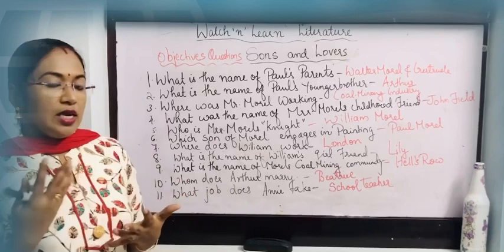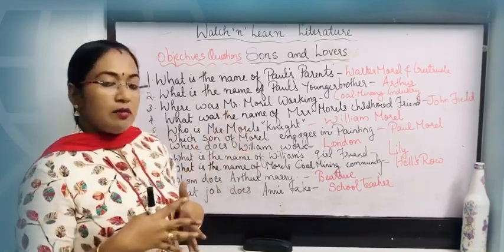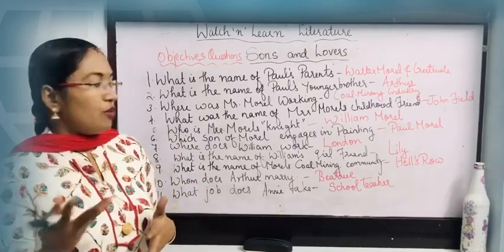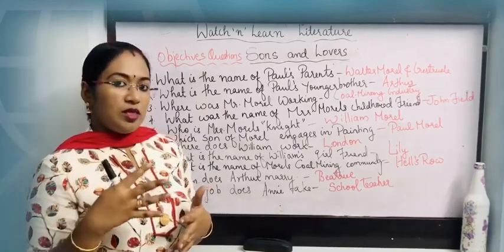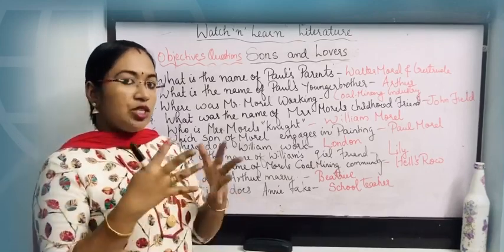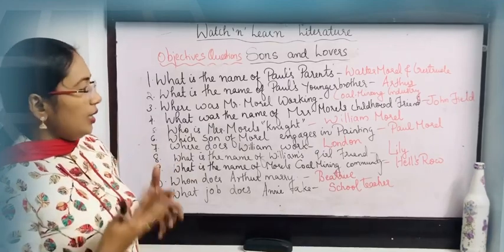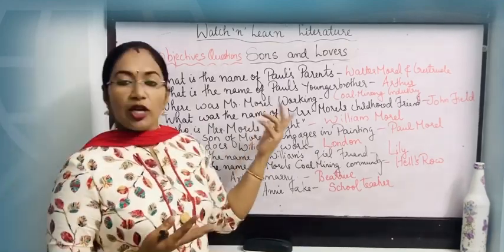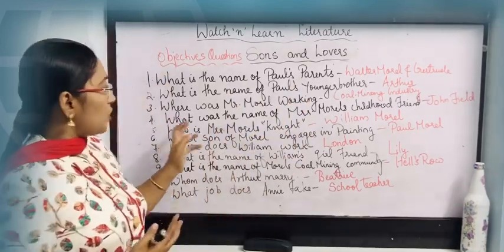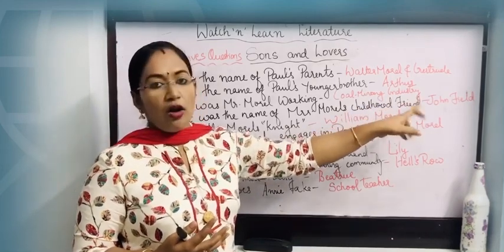As we have seen in the previous novel session, Mrs. Morrell had an affair at a young age, and she was gifted a Bible by that person, which she still keeps with her. That person is her childhood friend, John Field. What was the name of Mrs. Morrell's childhood friend? That is John Field.